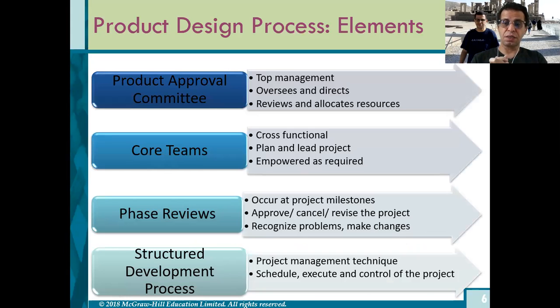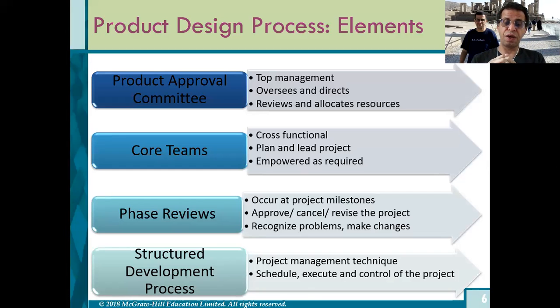Product design process elements are, first of all, a product approval committee. Top management will approve it, oversee and direct it. They will review it and allocate resources for it. Then you have the core team, which is the cross-functional core team, that plans and leads the project, and is empowered as required.